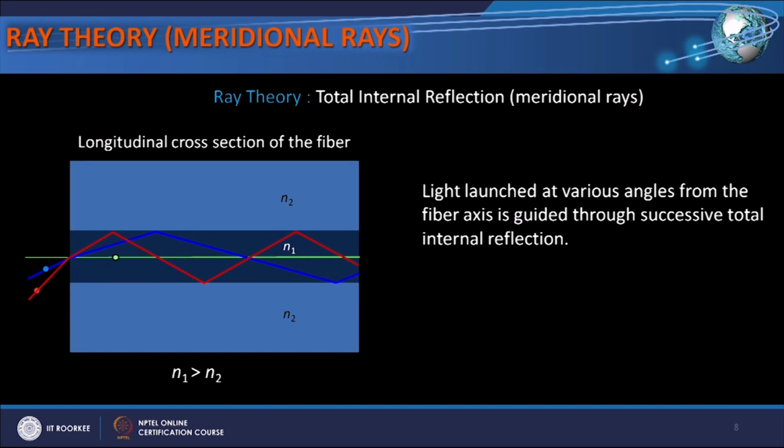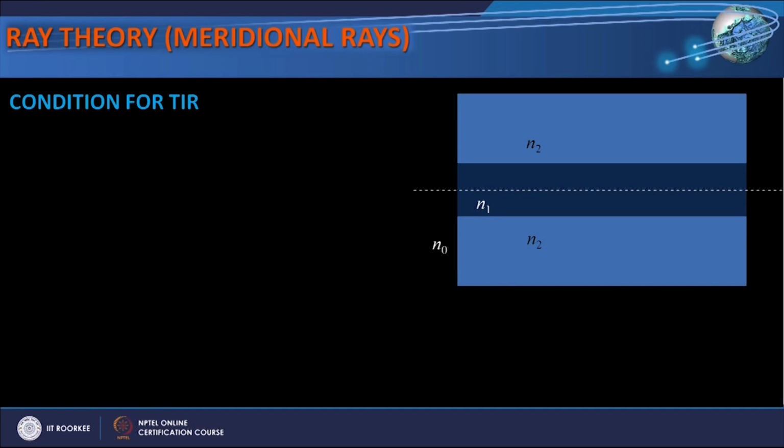Now, the question is, are the rays launched at all angles guided, or is there only a certain range of angles that would be guided? To understand that, let us apply the condition for total internal reflection in the fiber.